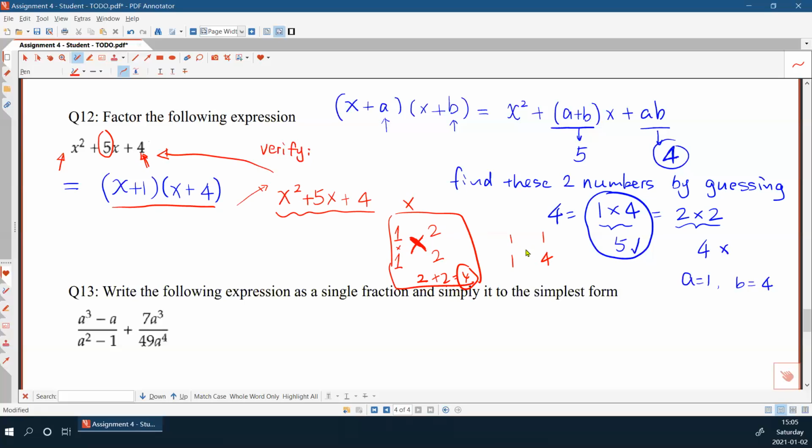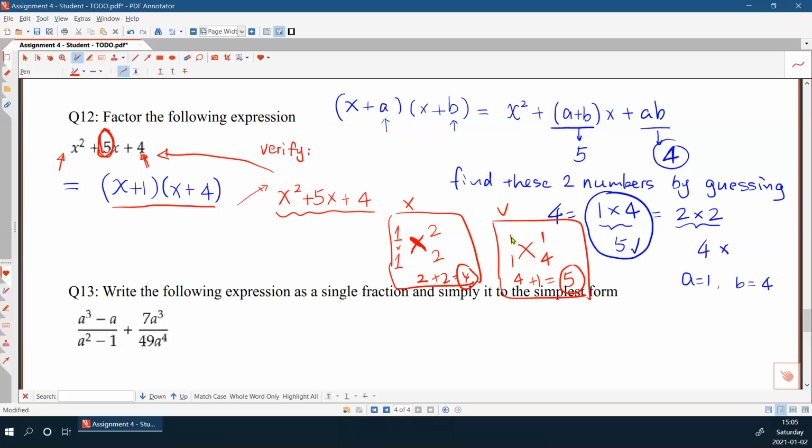The next option is to factor 4 to 1 by 4, and then we cross multiply these numbers. 1 by 4 gives us a 4. 1 by 1 gives us a 1. 1 plus 4 is 5. 5 is equal to the coefficient of 5 here. So this is the correct option.